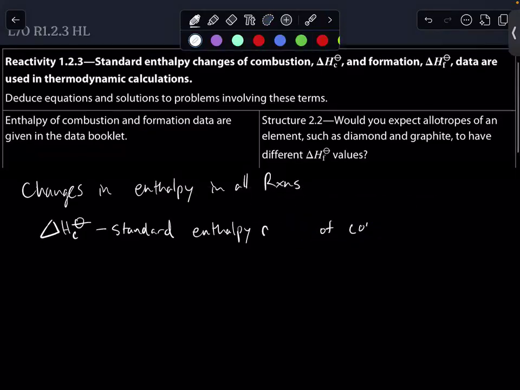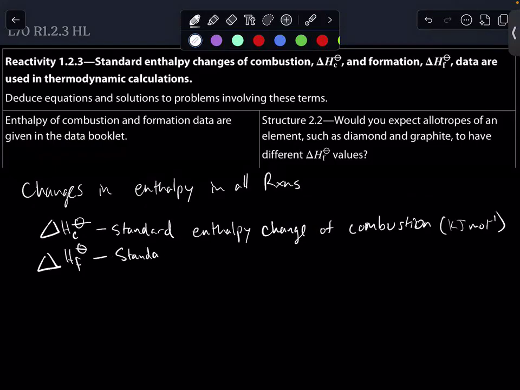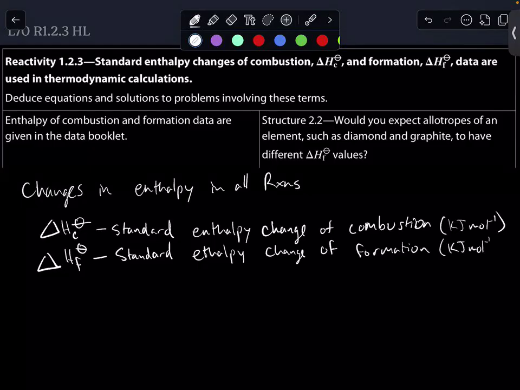These have units of kilojoules mole inverse. And then we also have delta HF, and this is the standard enthalpy change, of course, of formation. And once again, the units are still kilojoules mole inverse.